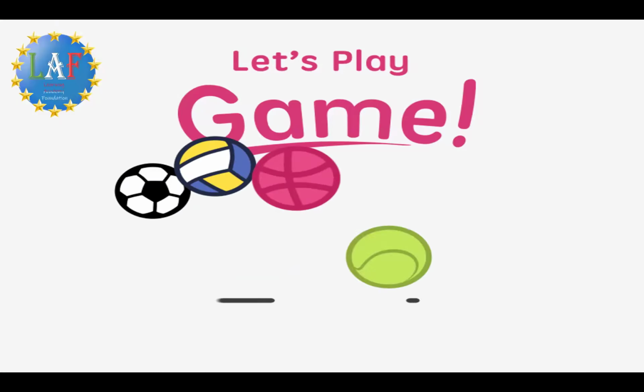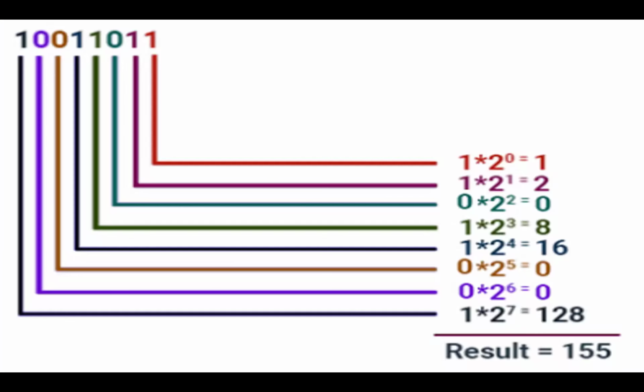Let's play a game with numbers. If I give you the binary 10011011, how can it be converted to decimal base? Start from the rightmost digit, which I put there in red. 1 times 2 power 0 is 1.